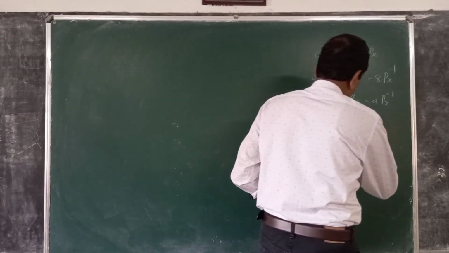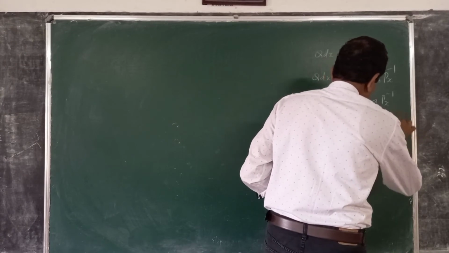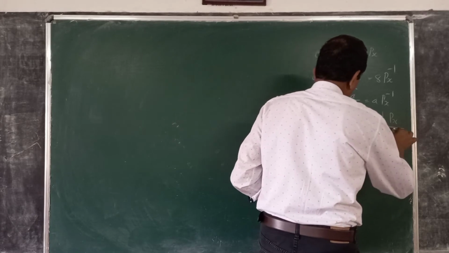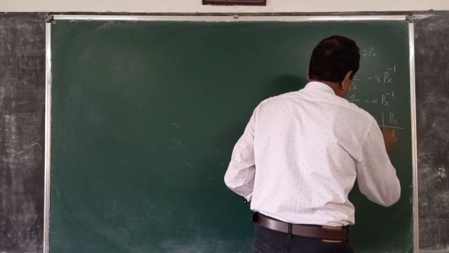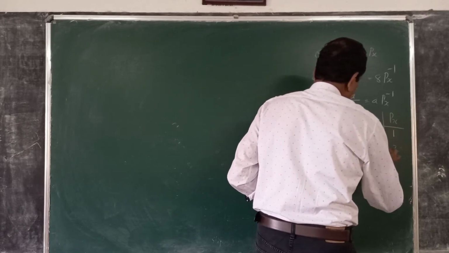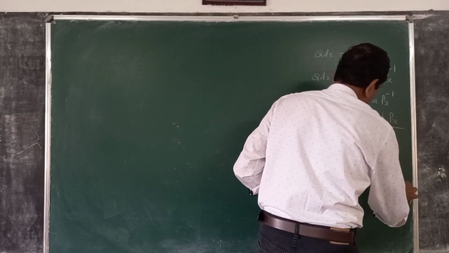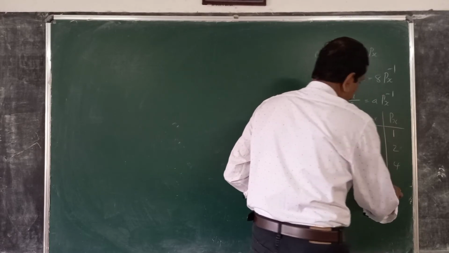Now, suppose that you are assigning successive values to Px and getting Qx. You give Px the value 1, Qx is 8; value 2, 4; value 4, 2; value 0, 0 cannot be.